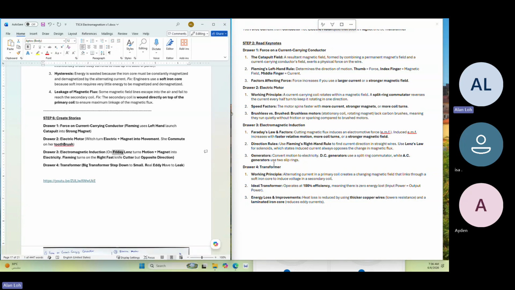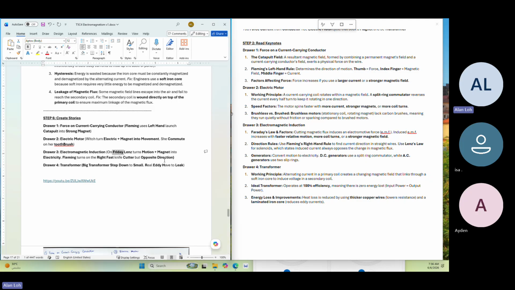Then they also have Fleming, but this time they're using right hand, okay? So Fleming turns the right fast knife cutter, not the wrong one, the right one. And it is fast knife cutter, but in an opposite direction, right?